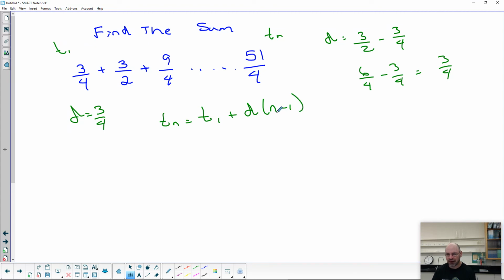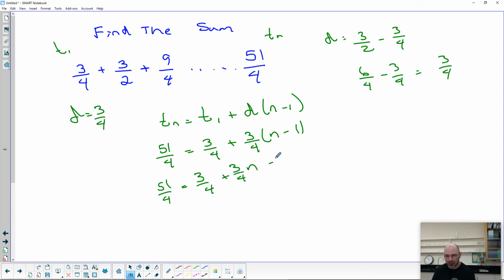And we want to find N. Tn in this case is 51/4 equals 3/4 plus 3/4 times N minus 1. So let's expand this out before I do too much work here. So this is going to be 3/4 plus 3/4 N minus 3/4. Okay, so these cancel out.